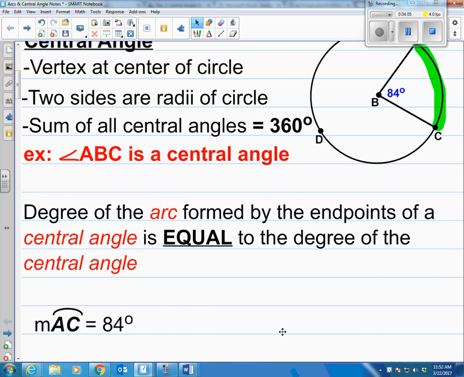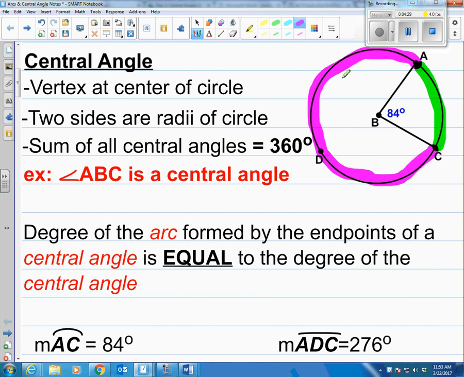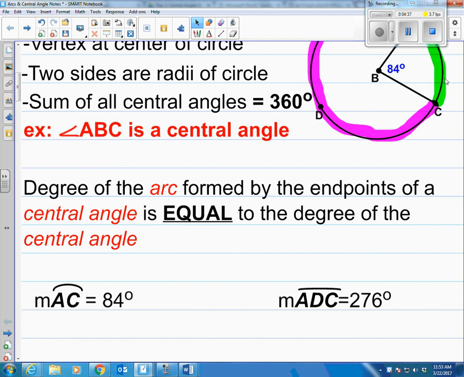But knowing that all central angles add up to 360, I can find the measure of arc ADC, which if you trace through, if I use another color, ADC, so arc ADC, which is a major arc, is equal to 276 because I know the entire circle, all the central angles, have to add up to 360.